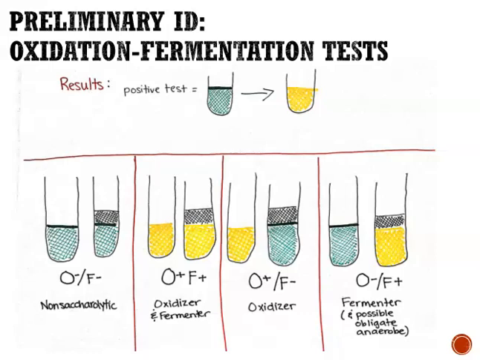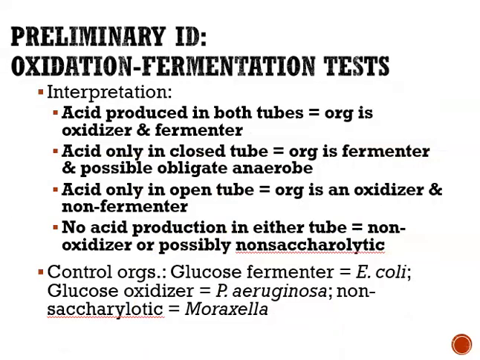So how can we interpret these different results? Let me back up for just a second. Again, the media uninoculated is green. Your pH indicator that is in this media is called bromothymol blue. A positive reaction, which means that acid was produced, causes a yellow color change in the media.